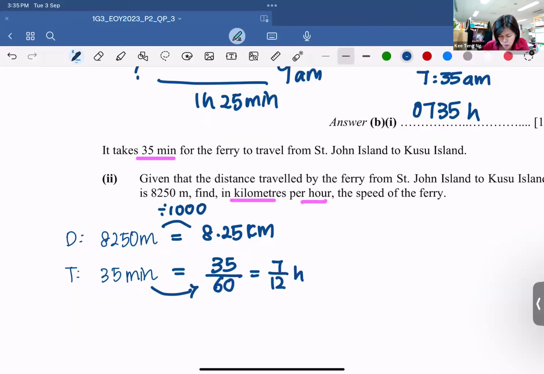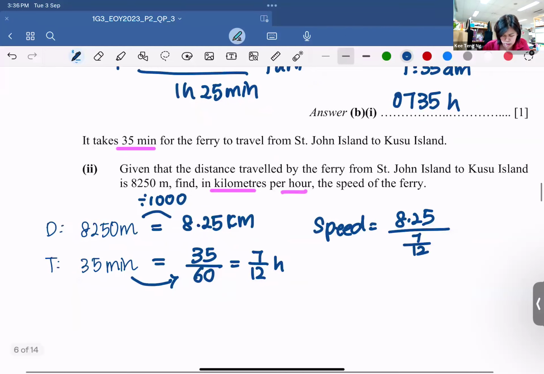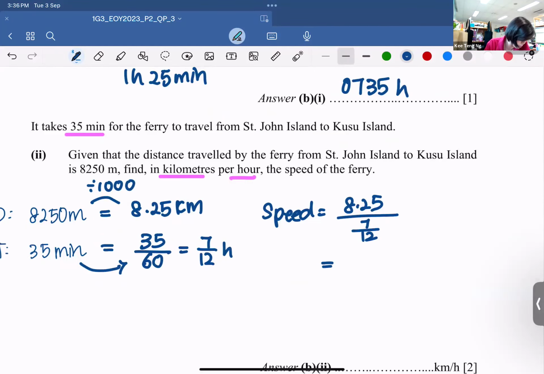So the speed, I'll take the distance, 8.25, divide by 7 over 12. Ooh, I don't like this, but no choice. And that gives me not a nice number, so I'll keep it as a fraction, kilometers per hour. You'll get the same answer as me.